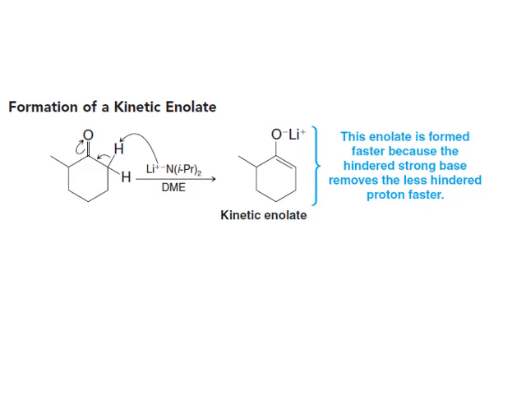Only one reaction, an irreversible reaction, to form the kinetic enolate, which is formed fastest by the very strong and sterically hindered base, in this case, lithium diisopropylamide. This is the enolate formed faster because the hindered strong base removes the less hindered proton faster. This is logical.